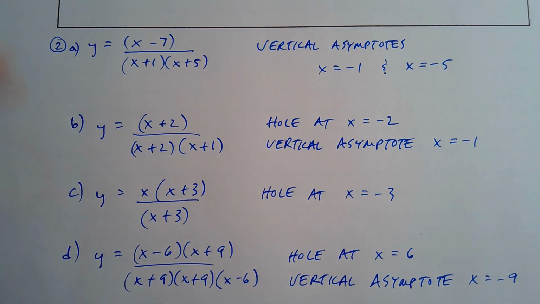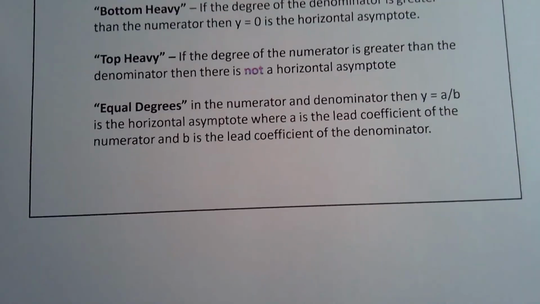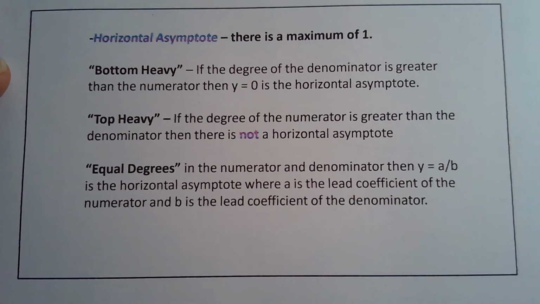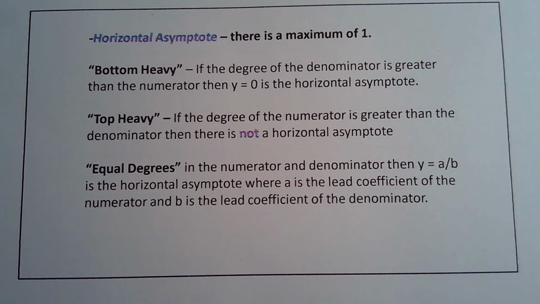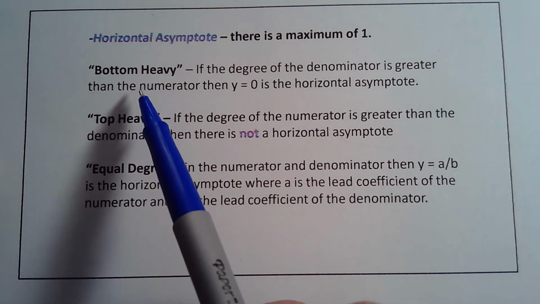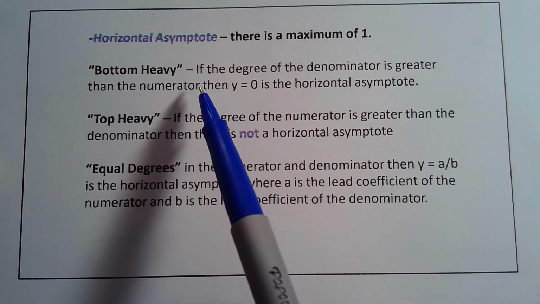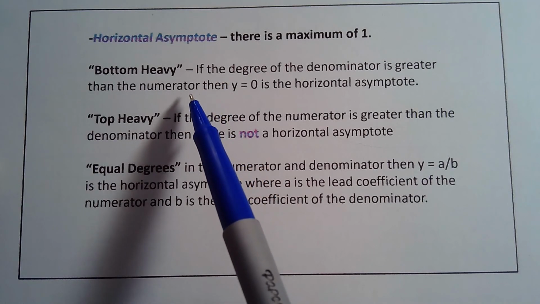All right, last little bit is horizontal asymptotes. Let me move this down here. So good news about horizontal asymptotes, at most there's one. So they're either one or none. So I talk about a rational function being bottom heavy. That means that the degree of the denominator is more than the degree of the numerator.